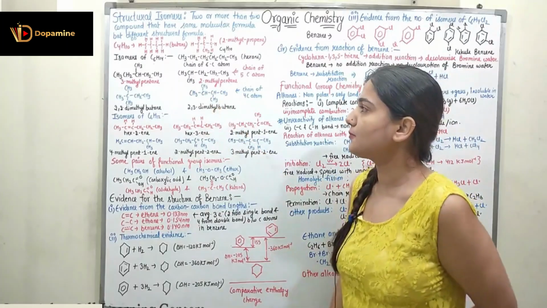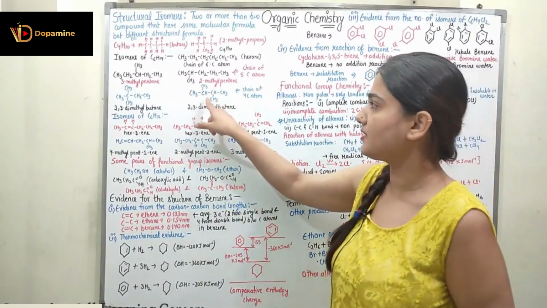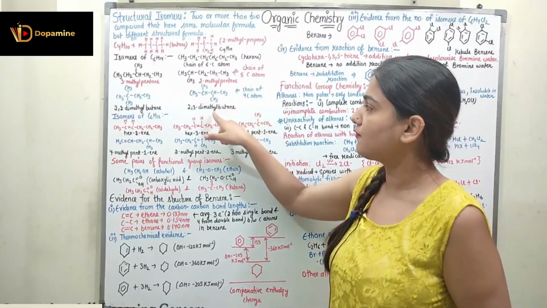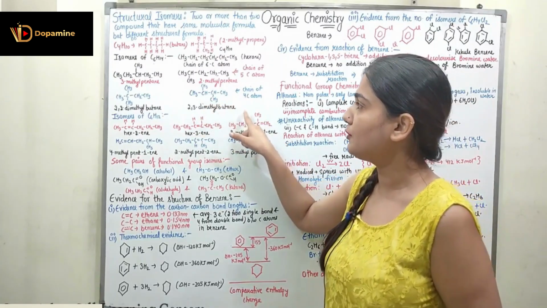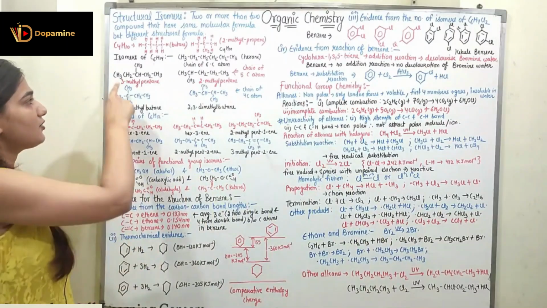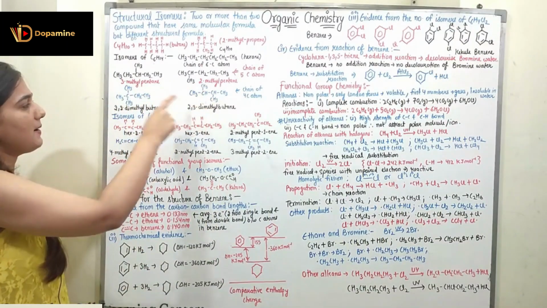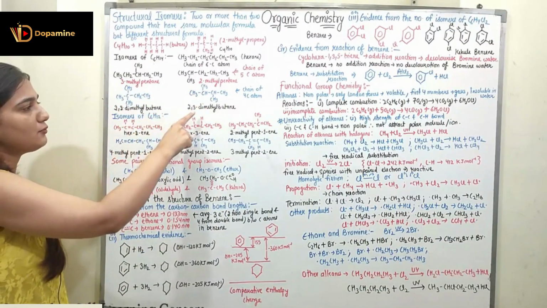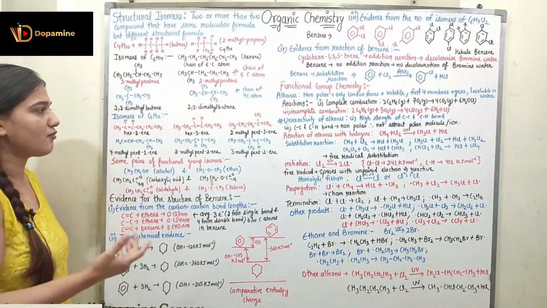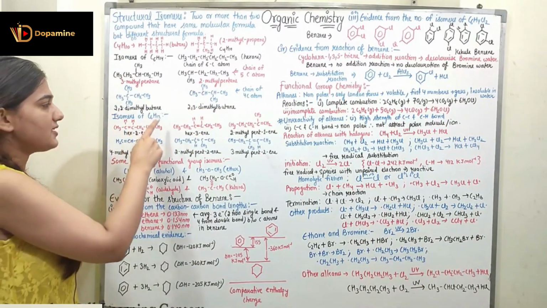Again, this is also an isomer of C6H14, CH3CHCH3CHCH3CH3, which is again a chain of 4 carbon atoms, 2,3-dimethylbutane. So we have understood hexane, 3-methylpentane, 2-methylpentane, 2,2-dimethylbutane and 2,3-dimethylbutane are all the isomers of C6H14.